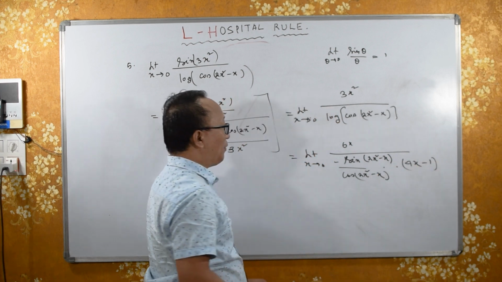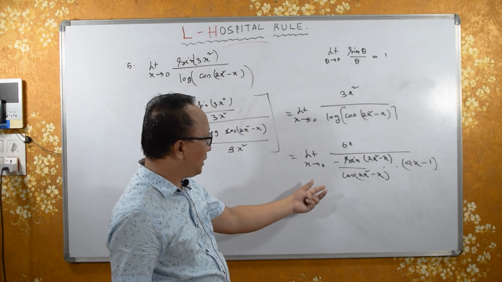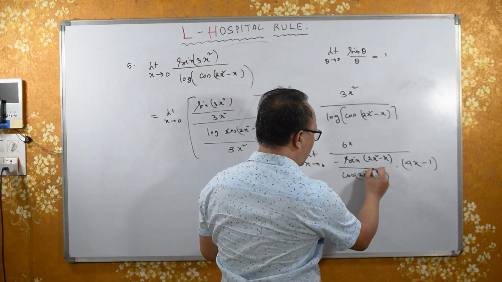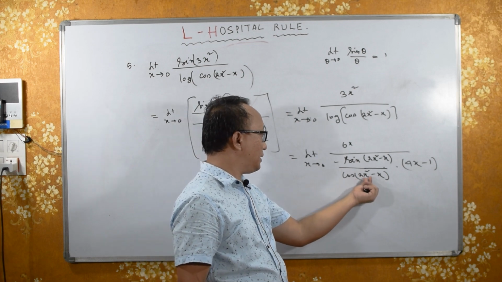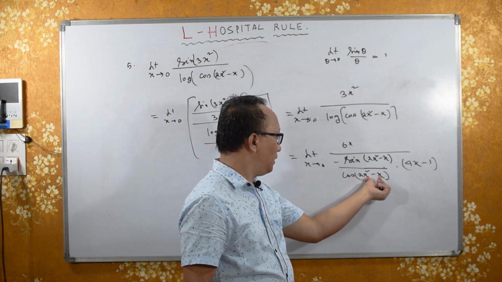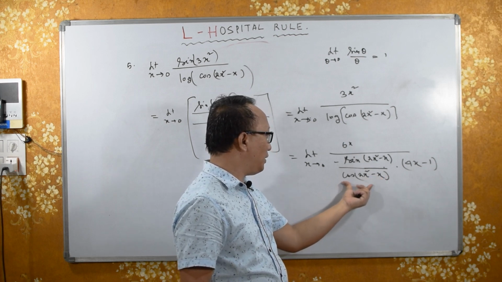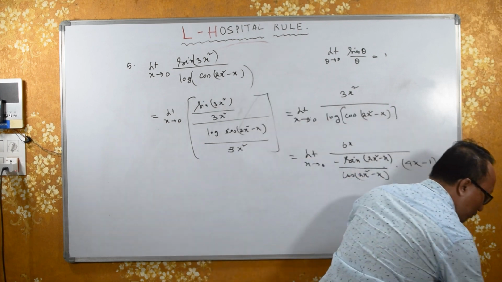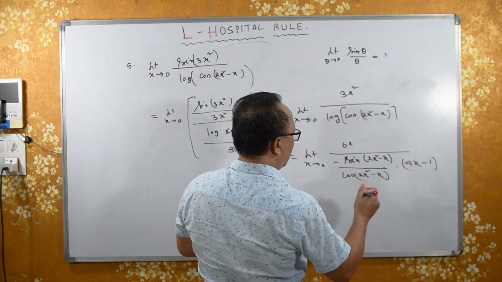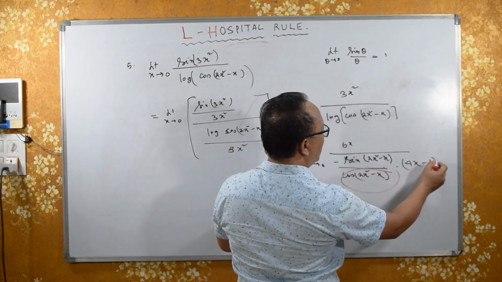Now, what is the problem we are getting? When x tends to 0, this becomes 0: twice x square, 0 minus 0 is 0, cos 0 becomes 1, so this becomes 1. And when x tends to 0, this also becomes minus 1.